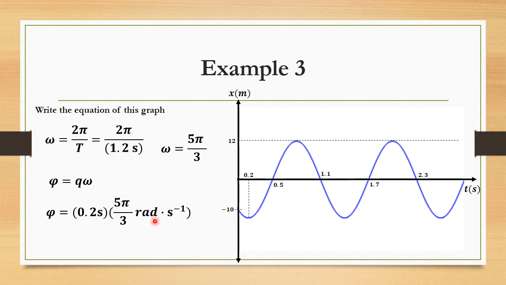So you get seconds over seconds, which cancel out, and you're left with units of just radians. That means the phase shift in the formula is a measure of radians. It's how much we've shifted the angular position. And that simplifies to pi over 3.